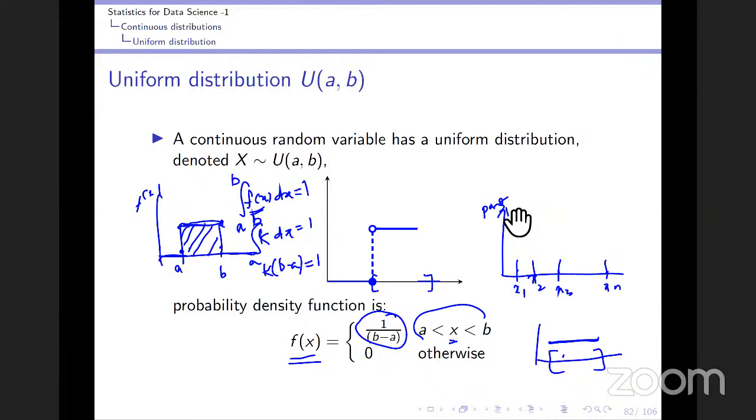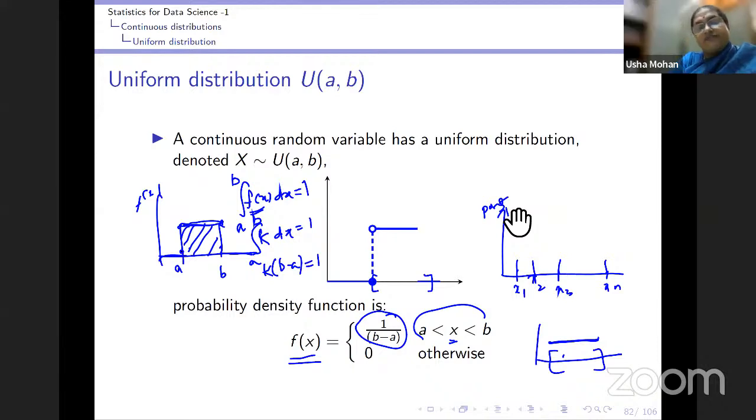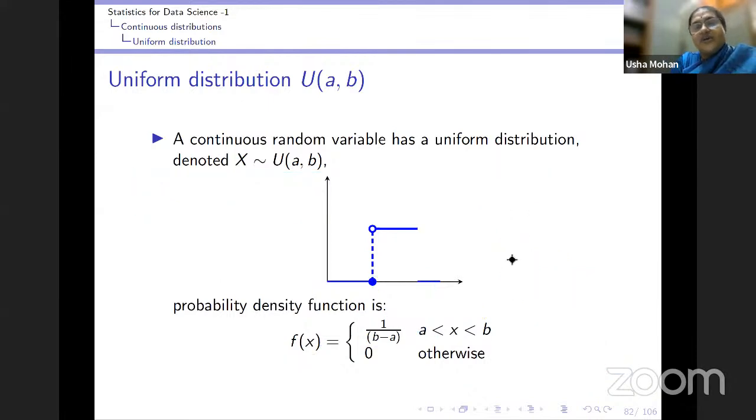Okay, so this is the uniform distribution. f of x takes the value 1 by b minus a for x lying between a and b. Now, what is the expectation of this random variable? I know the probability density function.